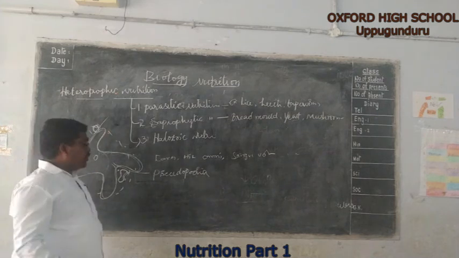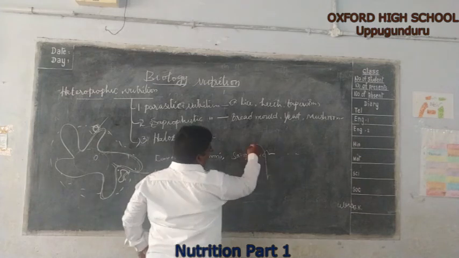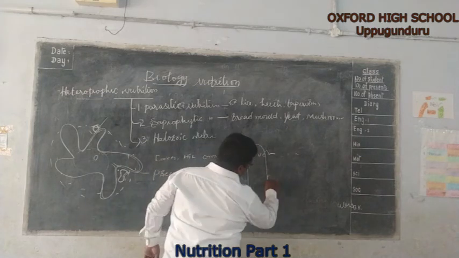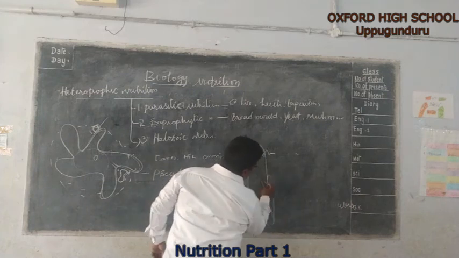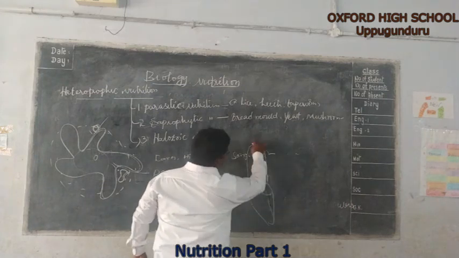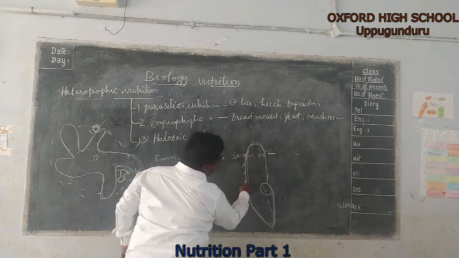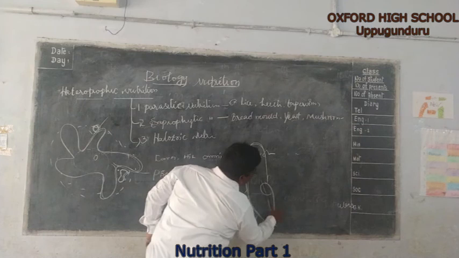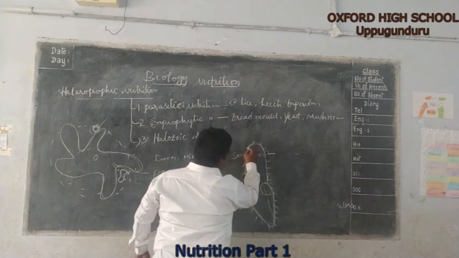And I am going to explain another important unicellular organism, paramecium. Paramecium is also a unicellular organism. See this slipper-like structure, paramecium.